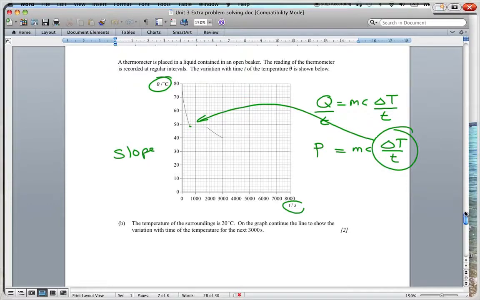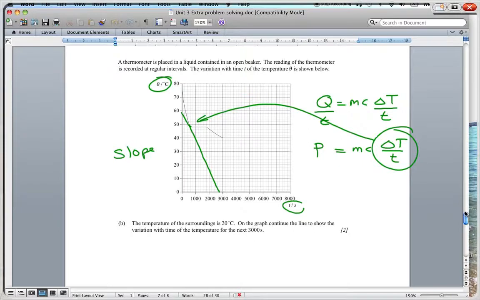Now it's quite difficult here, but you've actually got to get a ruler, and just imagine this line continuing from this point as a straight line. You've got to draw a line down like that, and a line like that, and make it as big as you can, and then from that you actually work out this rate of change of temperature.